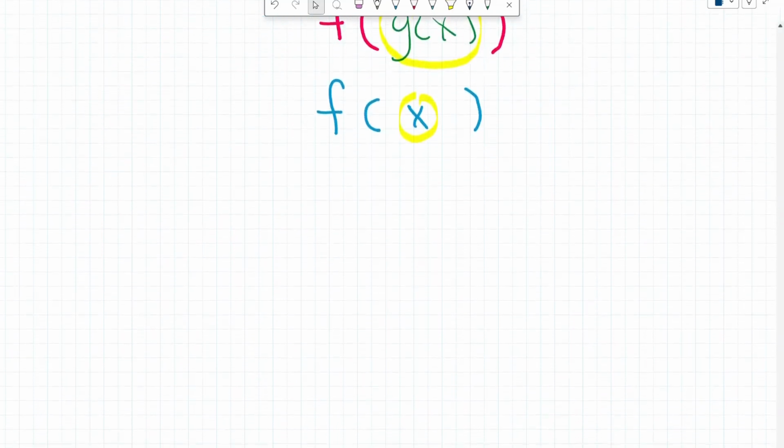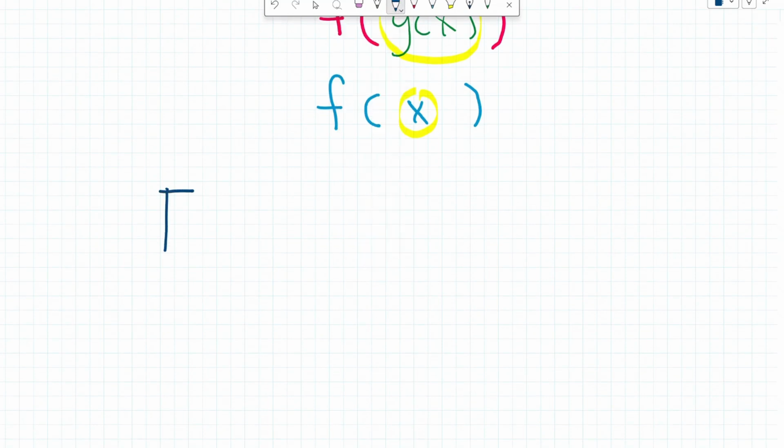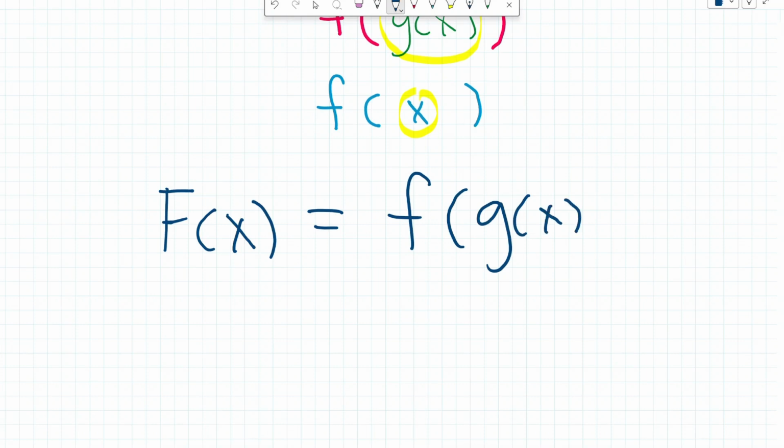So let's look at some mathematical notation for this. So say we have some function f of x, and it's a composite function, like we mentioned. It's f of g of x.